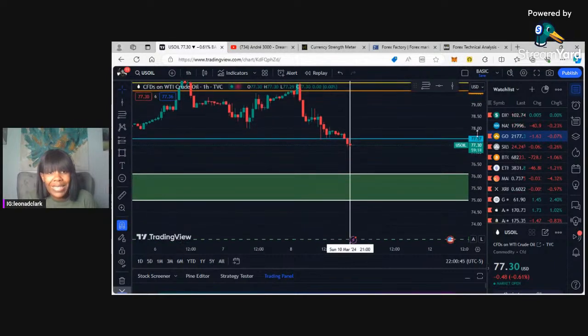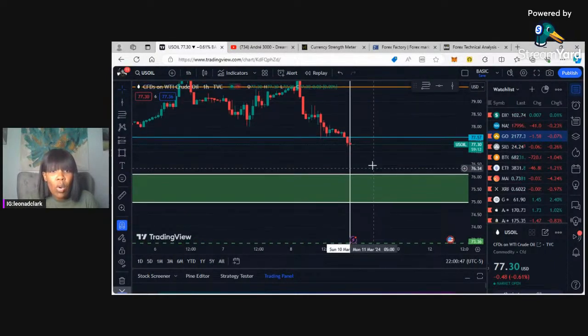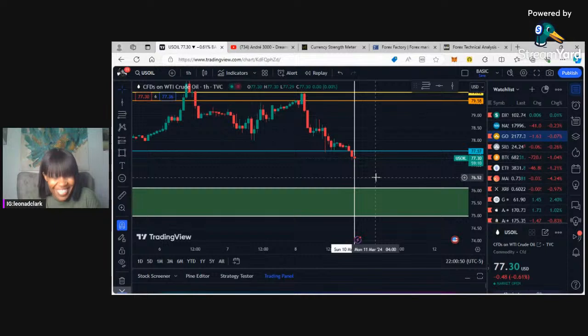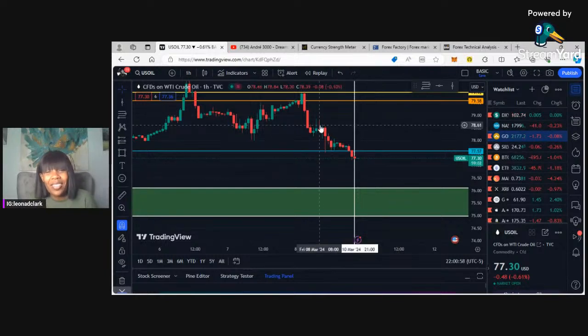You already know. Oh man. Okay. Anyway, so yeah, we missed the sell that has occurred, the bearish candlestick pattern that occurred right here.